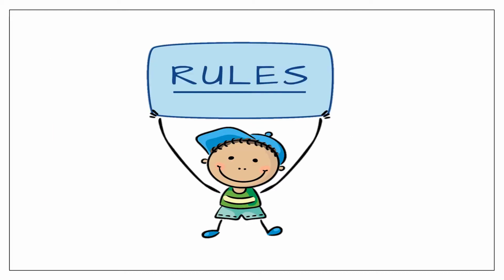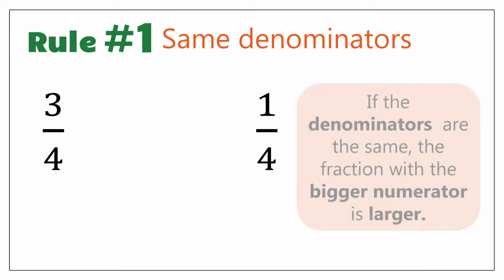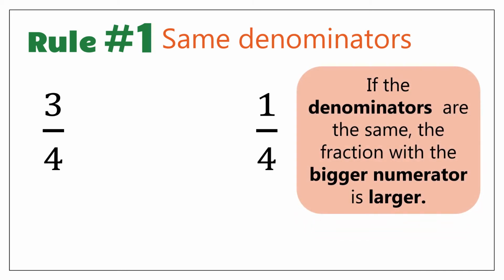And in comparing fractions, we will follow rules. Rule number 1, same denominators. For example, we have 3/4 compared to 1/4. Rule number 1 states that if the denominators are the same, the fraction with the bigger numerator is larger.